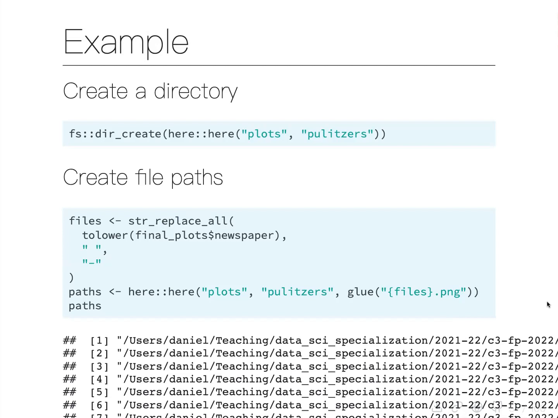So this is how I did it. And again, there's definitely not one way to do this, okay? But I'm using string replace all, or gsub, which is how I would normally do this, where I'm looking at the newspaper and putting it to lowercase. So I'm taking all of the newspaper names and putting them all to lowercase.